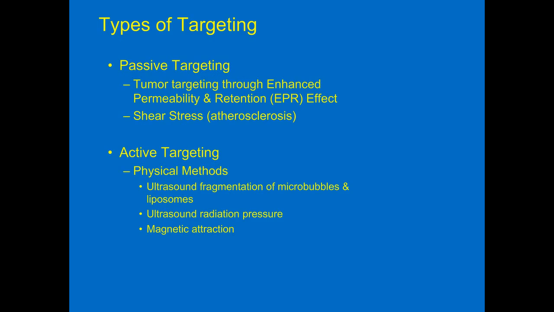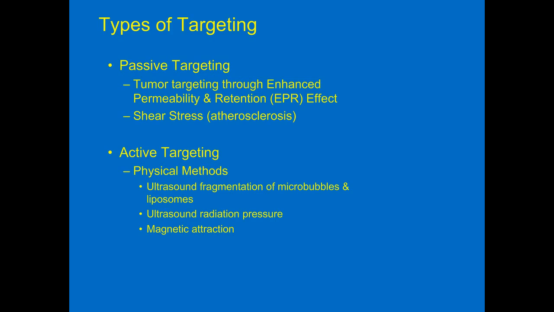And the major example of this is tumor targeting through the EPR effect, and that's enhanced permeability and retention because of the ineffective, leaky tumor vasculature. Particles of a certain size will tend to collect in that vasculature and not leave. And a lot of people are taking advantage of this to structure the size of their particles to enhance this.